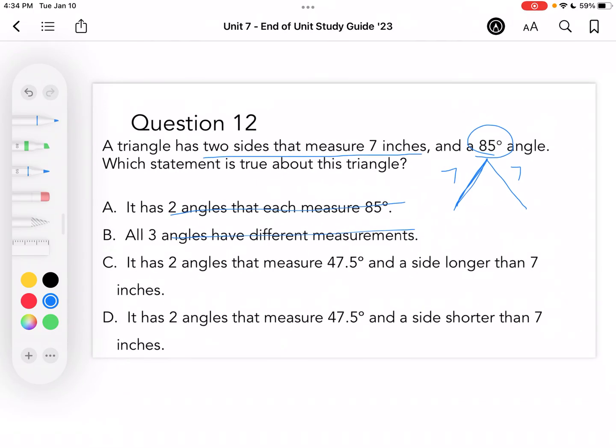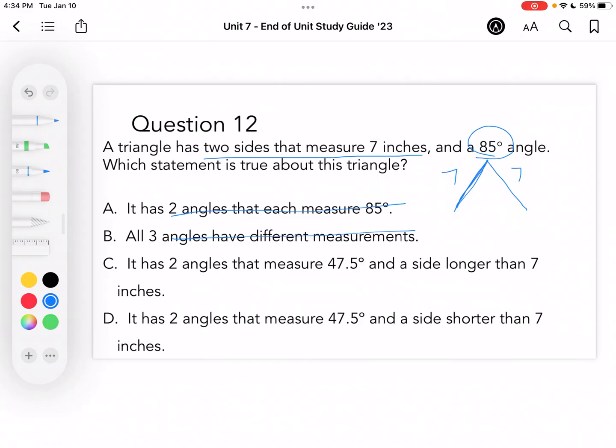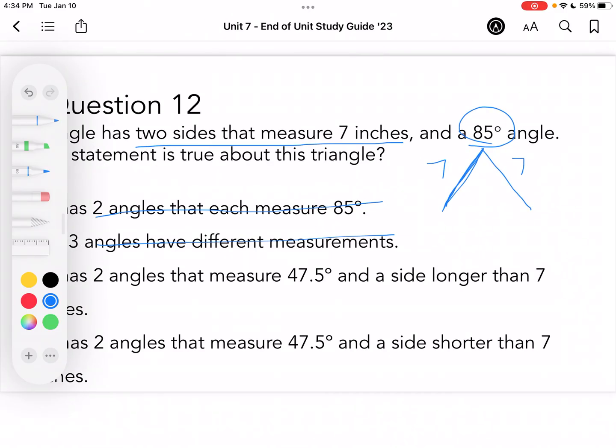Okay, so I definitely have 2 angles that measure 47.5. Okay, and then I have a situation where I have 2 angles that measure 47.5 and one side that's shorter and then one side that's longer. Well, I know that the side has to be shorter.